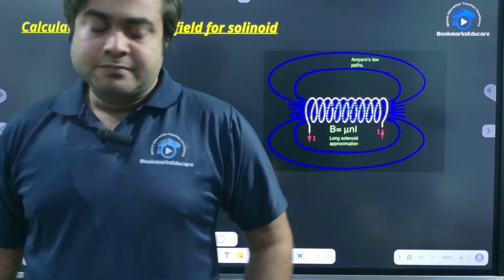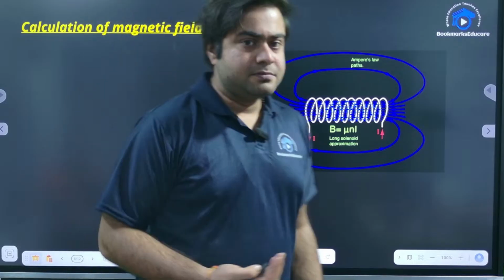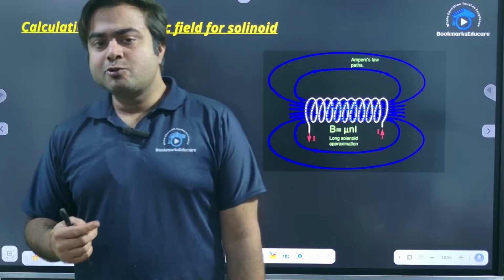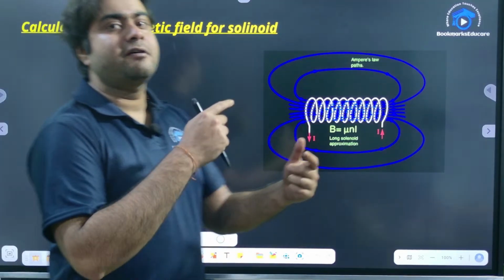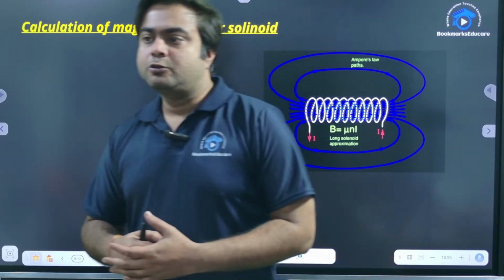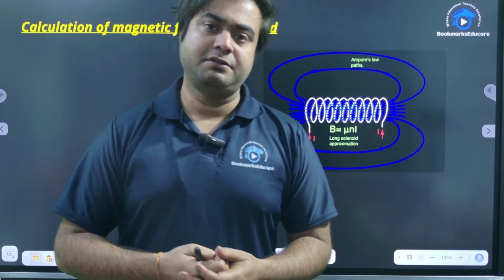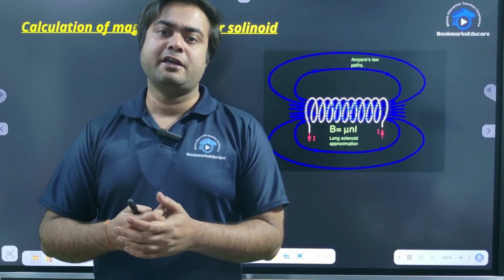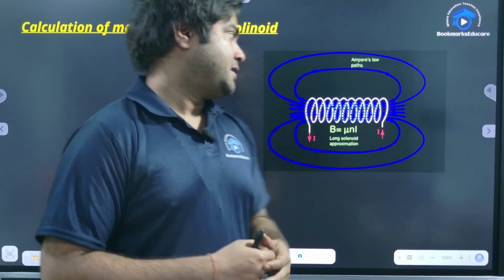अब देखो, सोलिनॉइड्स, व्हाट आर बेसिकली द सोलिनॉइड्स? Solenoids, we can say that these are the insulated copper wires wound through a certain kind of magnetic material. Magnetic material नहीं भी हो सकता है, hollow भी हो सकता है। So these are the insulated copper wires, they are oriented in a helical formation, in a helix.